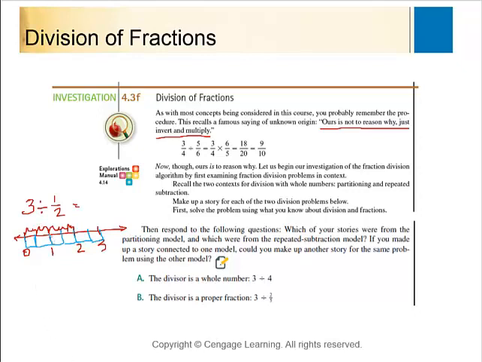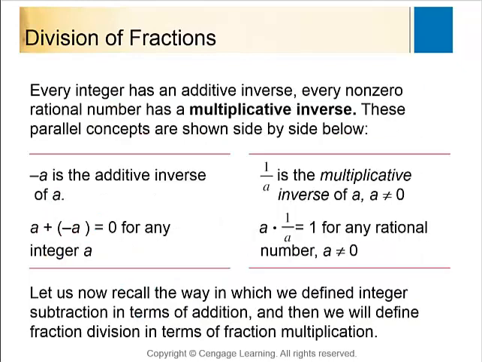Okay, this looks a little better. So I divided 3 into partitions of a half, and I need to know how many of those I have. So each of these was partitioned, and I have 1, 2, 3, 4, 5, 6 of those partitions. And I would have worked this with the invert and multiply to get my 6. So that's one kind of visual on division of fractions.